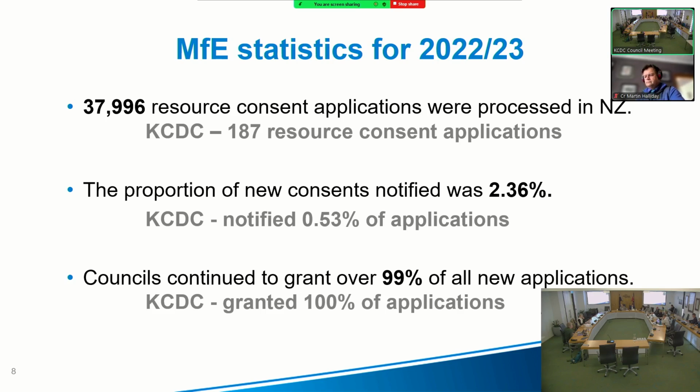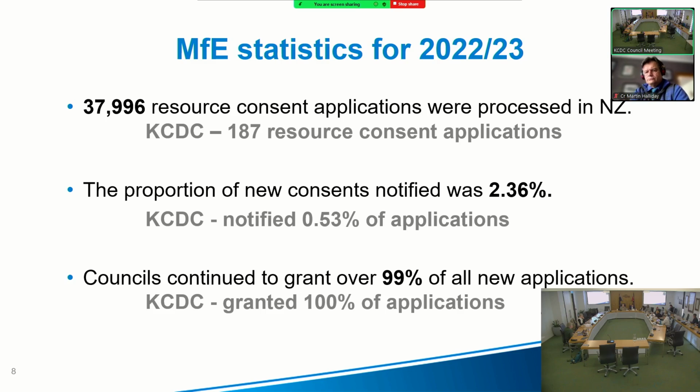Generally, applications are withdrawn because the effects are more than minor, so they trigger notification, and applicants don't want to go down the pathway of public notification. But from a planning framework, it's quite defined why we would trigger it, and they may not agree. Generally, our backing is always sound.